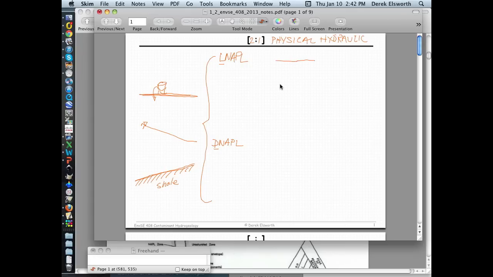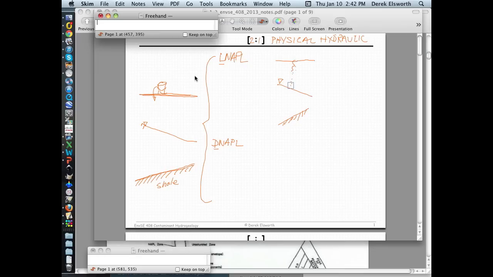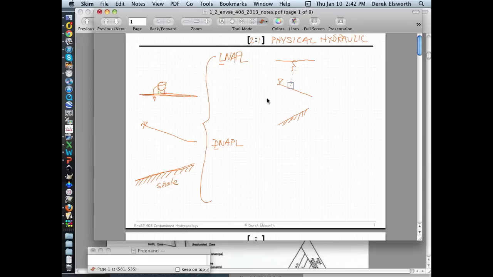If you have this geometry with the sloping groundwater table and a bed under here, which in this case we don't particularly care about, this stuff will be happy to go down through here. It will percolate down. When it hits the water table, which is filled with pore fluid below here and basically filled with air above here, it will tend to sit on here as a lens.